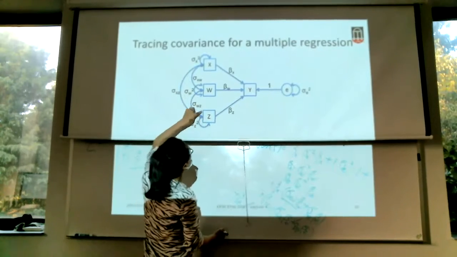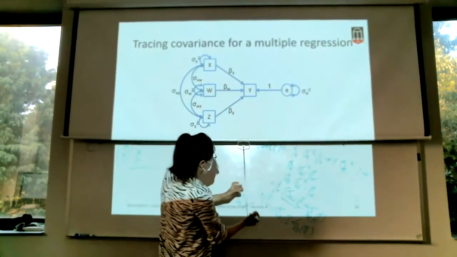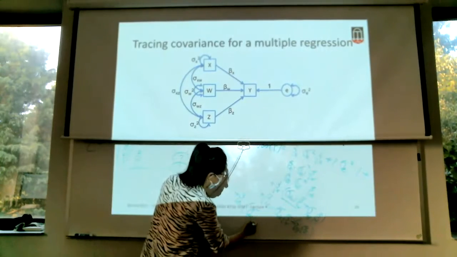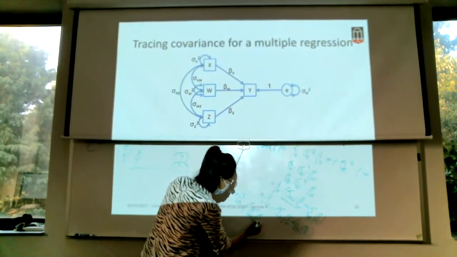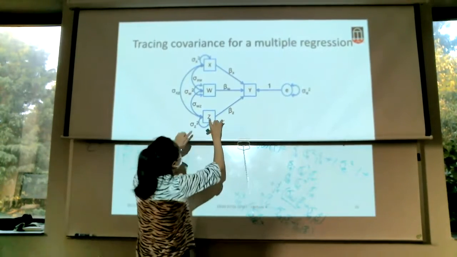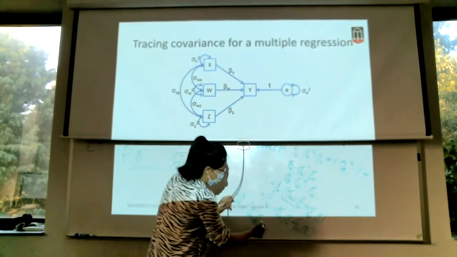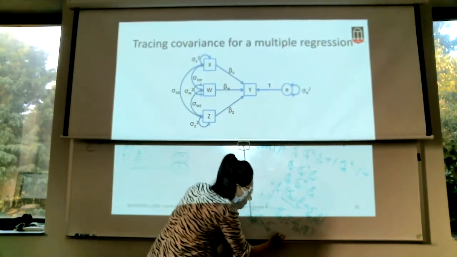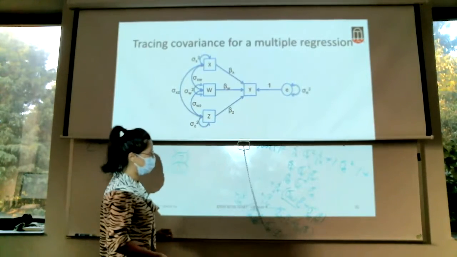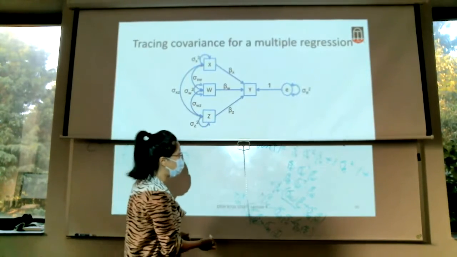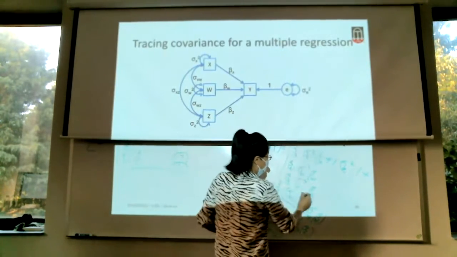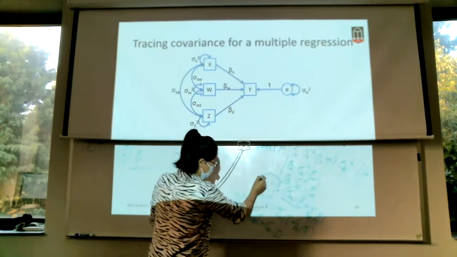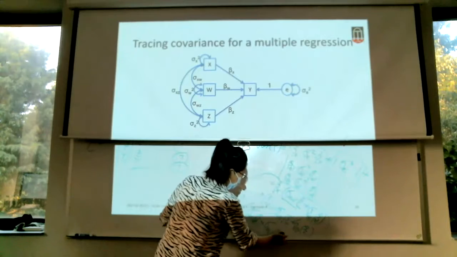Suppose we use this path, then covariance between Z and W and beta W. And covariance between X and Z, and beta X. So we have all of these components.